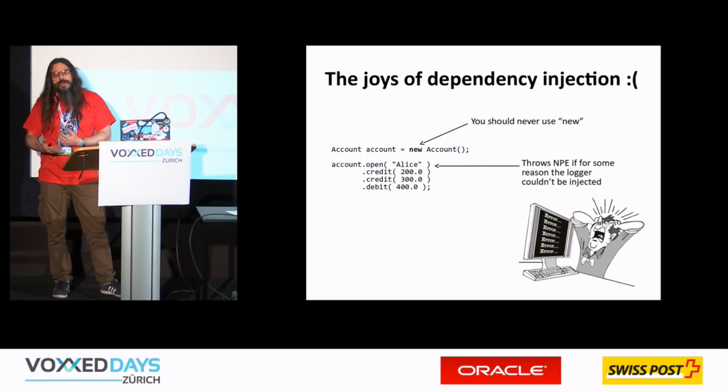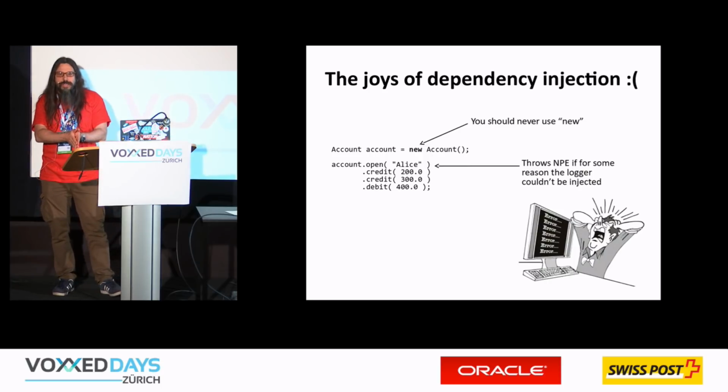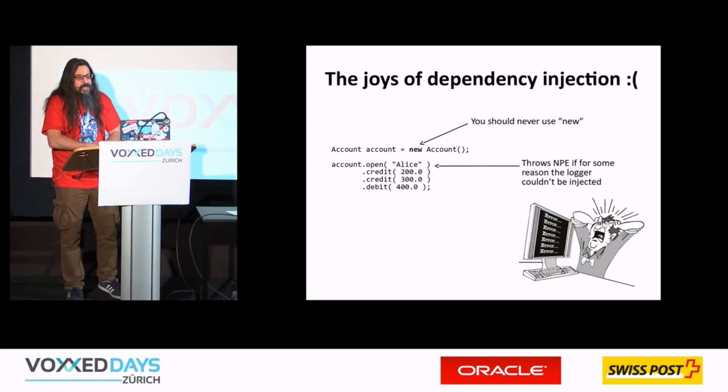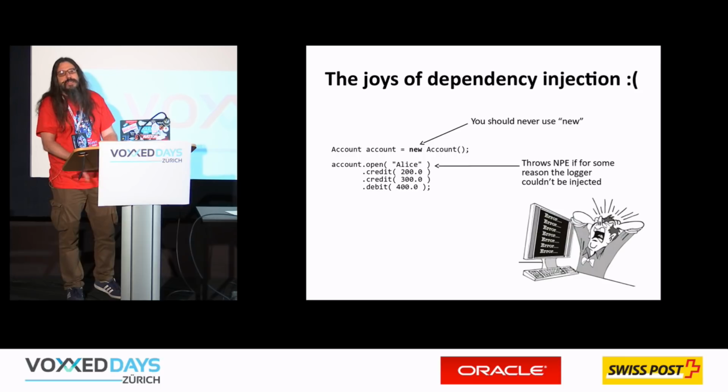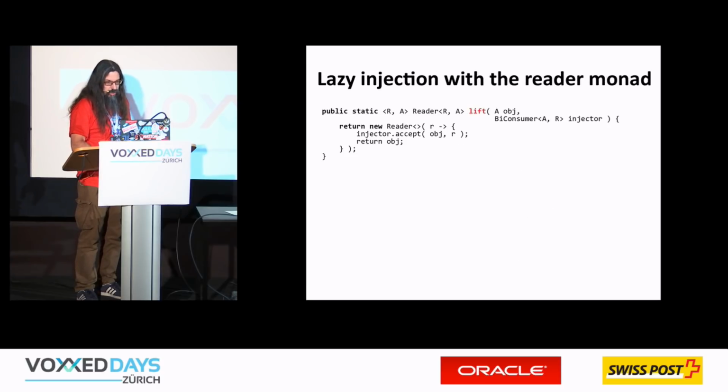If you use dependency injection, as I said, you cannot use the new keyword anymore. If you do this, you are creating an account without a logger, and what happens is that you will get a null pointer exception as soon as you try to use it because you don't have any logger injected in it.